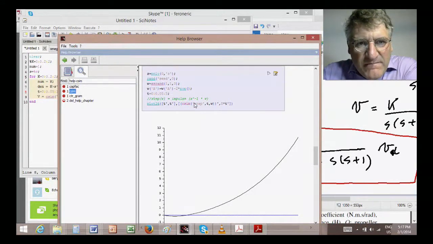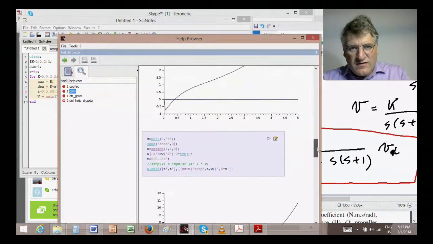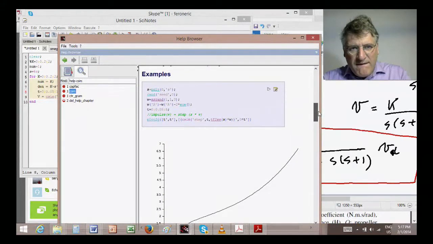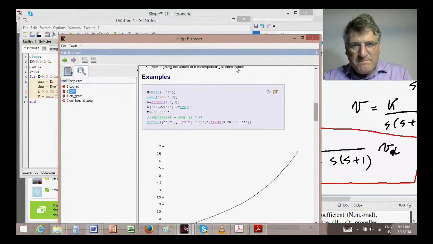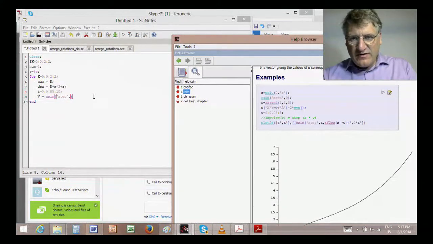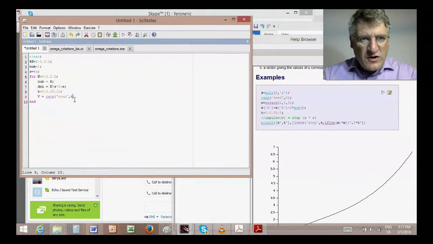What is it? Okay, so we have what I want here. Step, comma, t, comma, num over den, and that is it.